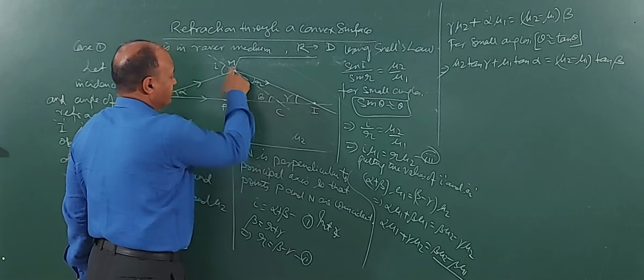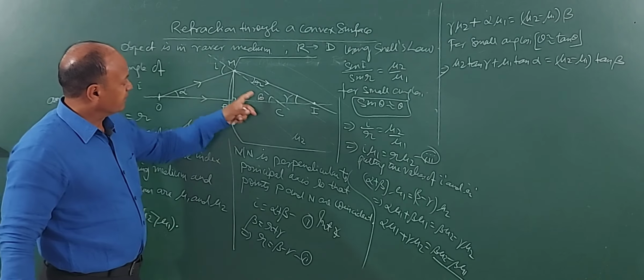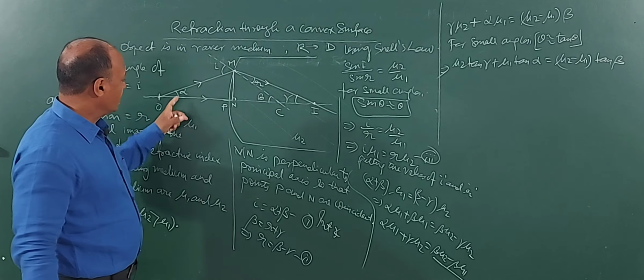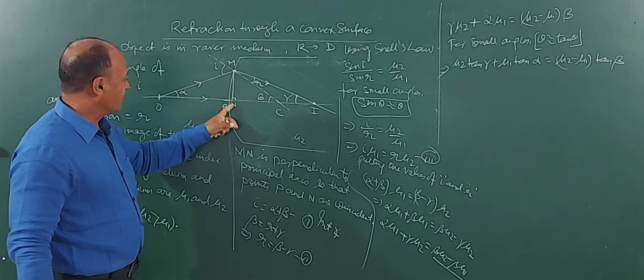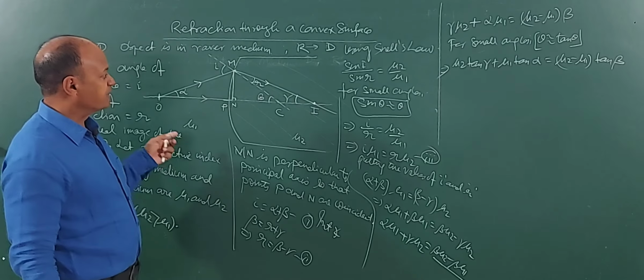And then we substitute the values of alpha, beta and gamma. Tan of gamma will be how much? Mn divided by Ni. Tan of beta is equal to Mn divided by Nc. And tan alpha is equal to Mn divided by No. Right? Let's place these values out here.